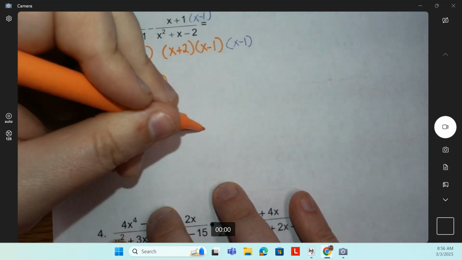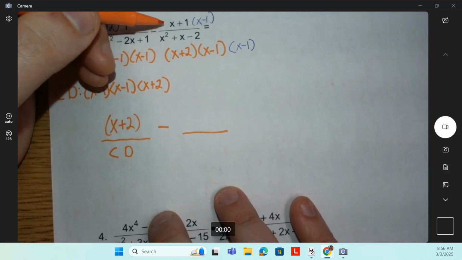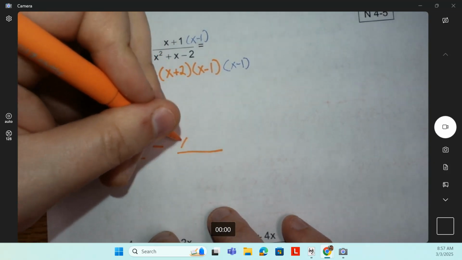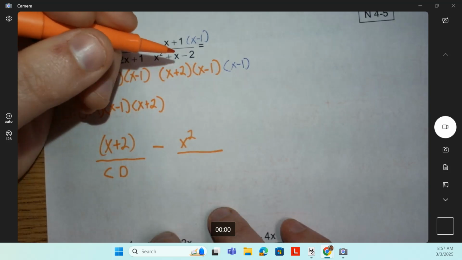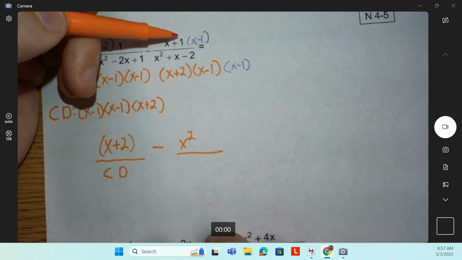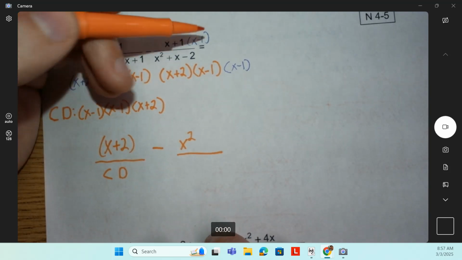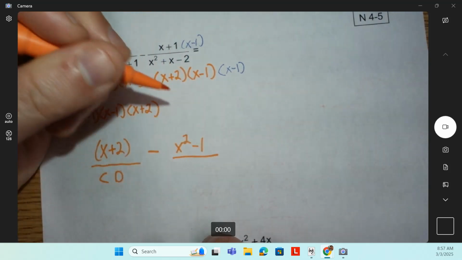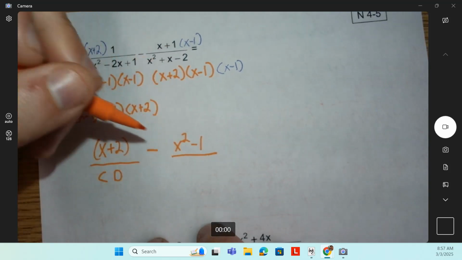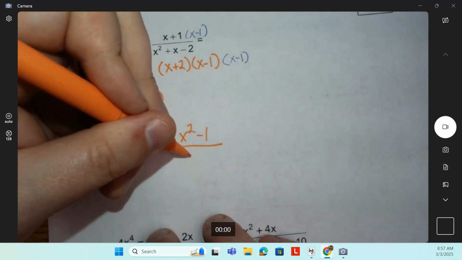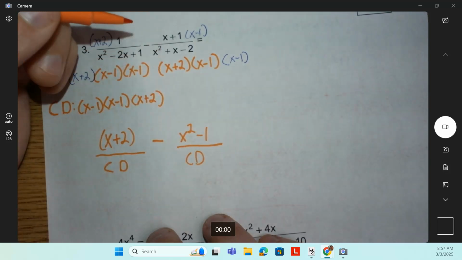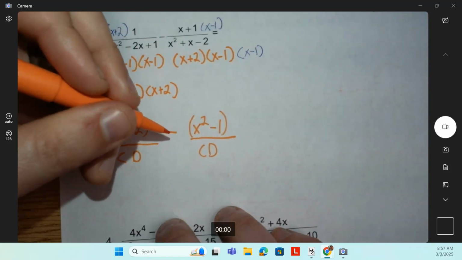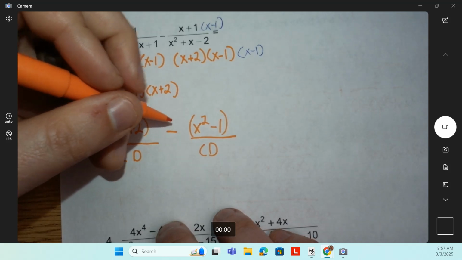Minus x plus 1 times x minus 1. I end up with x squared. A positive 1x, negative 1x, so those cancel out. A minus 1. And then all that's going to be over, again, my common denominator. I'm also going to need to distribute a negative.